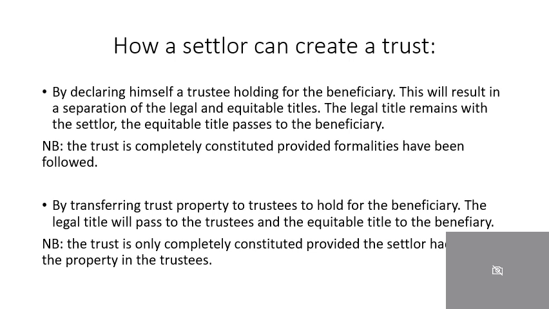So what he can do is declare himself a trustee holding the shares for his grandchildren, the beneficiaries. So all he'll have to do is say, I declare that all my shares in BT PLC are to be held on trust for all of my grandchildren.